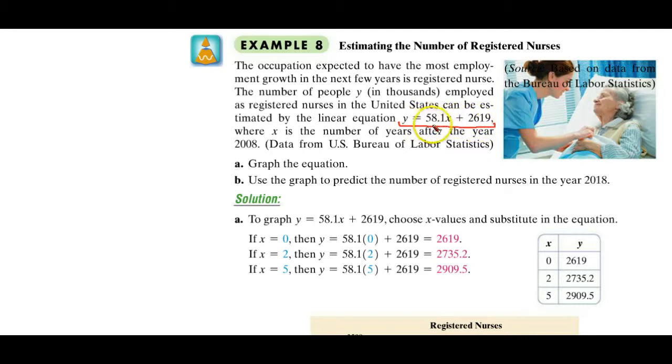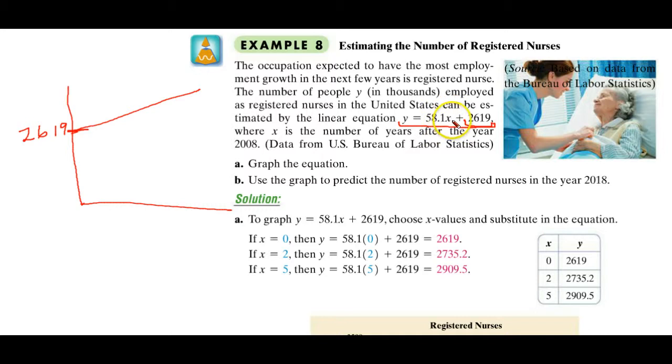And what can we pick out about it? Well, this is your y-intercept, where it would start on your graph. Let's just make a little graph over here fast. Let's say this point is 2619. And it's going to go up like so. And this will be time.